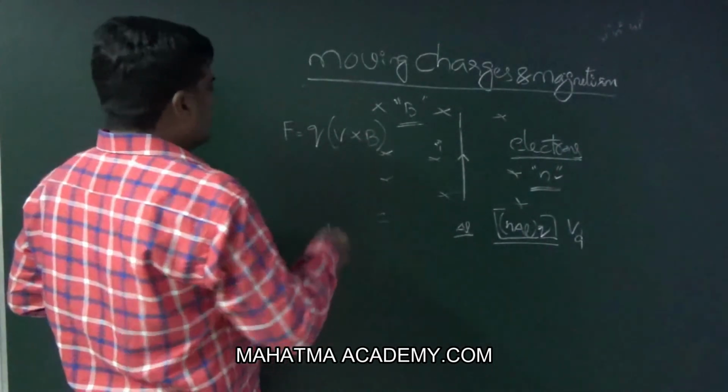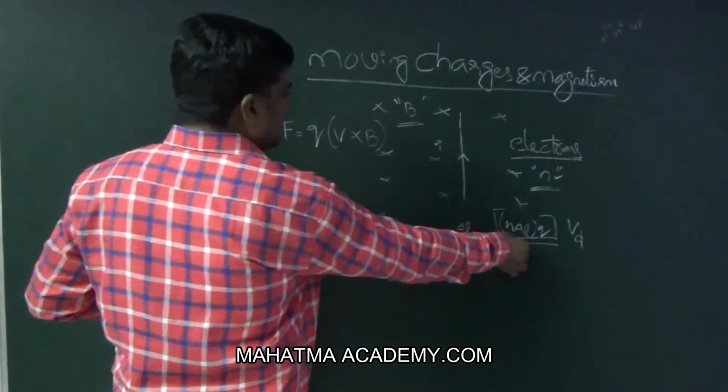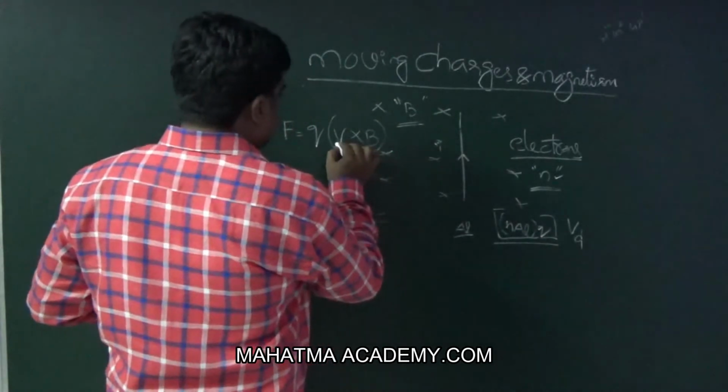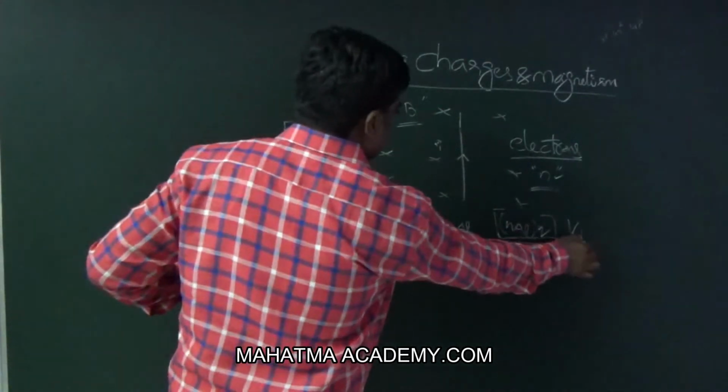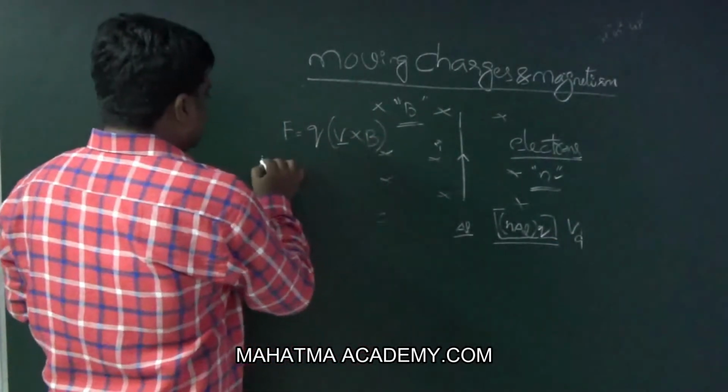Substitute the values. This is the total charge, this velocity is the drift velocity, and this is the field.